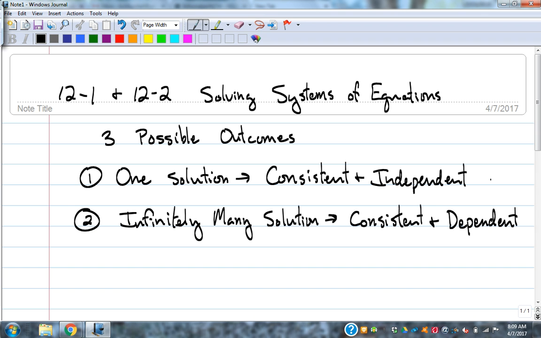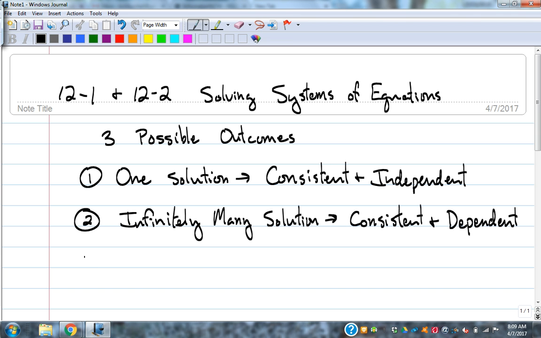Yes, you do need to know those words that go with those. So if it's got answers, it's consistent. If it only has one answer, it's independent. If it has infinitely many, it's dependent. So consistent means it's got answers, and then the independence is only one answer, and then the dependent is that it's got tons of answers, infinite number.